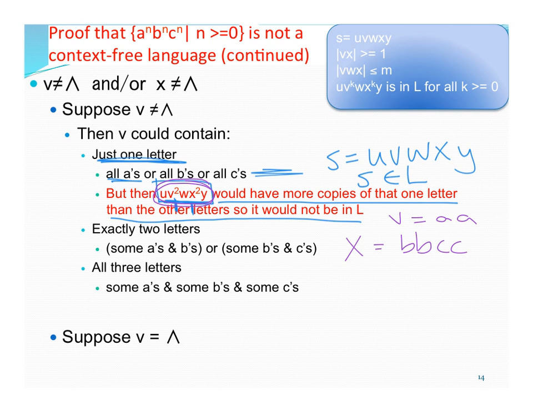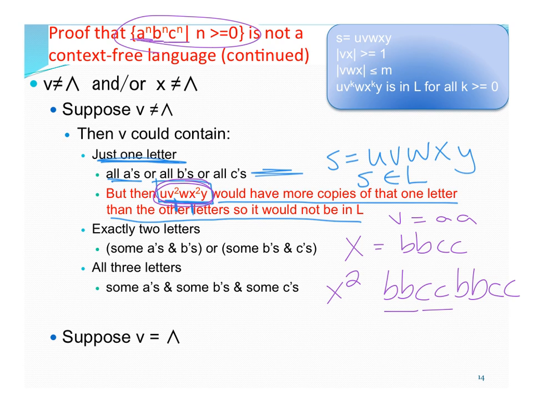The X squared part, we have B, B, C, C, B, B, C, C. The B's and C's are out of order, right? Because our language has all the A's first, then the B's, then the C's. And so this X squared part of U, V squared, W, X squared, Y wouldn't work. It would mess up, and our string would still not be in the language.